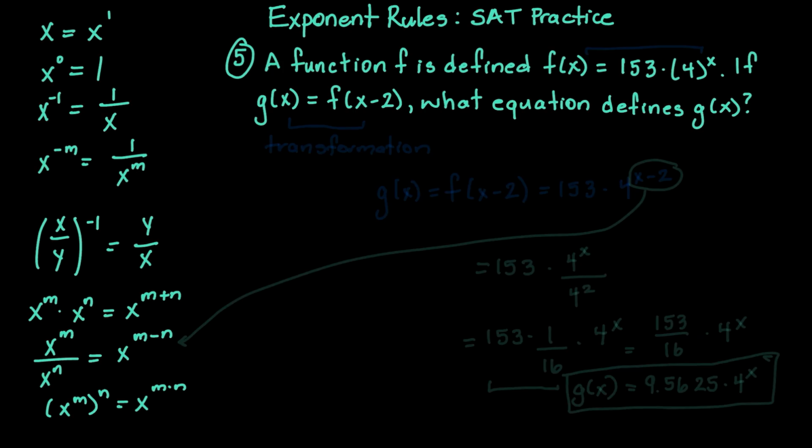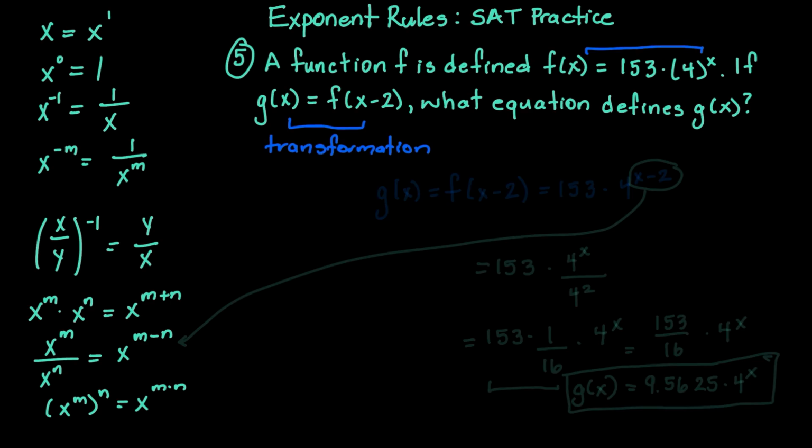So this question has a lot of layers. So we're given this exponential function here, but then we're given what we call a transformation. So g is a transformation of f. And in a lot of detail, it's f moved 2 units to the right.